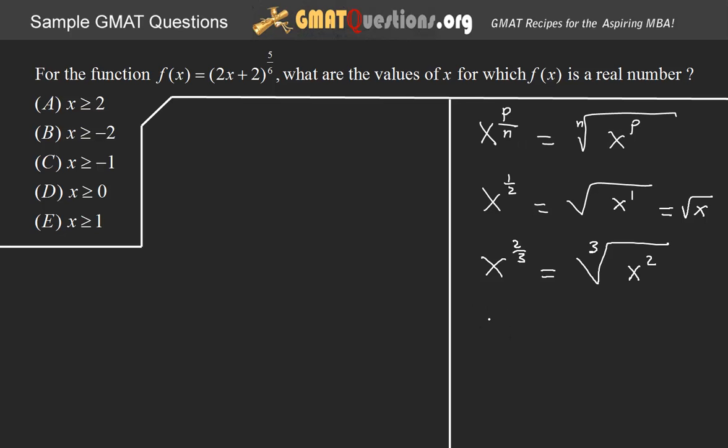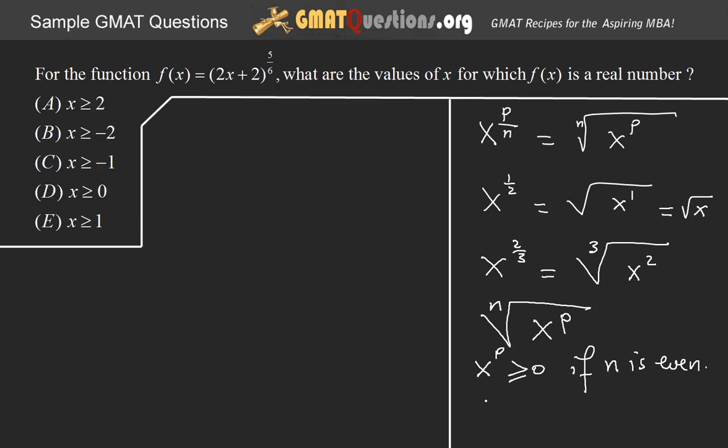Another thing we need to know is that when you have the n root of x to the power p, x to the power p has to be greater or equal to 0 if n is even.